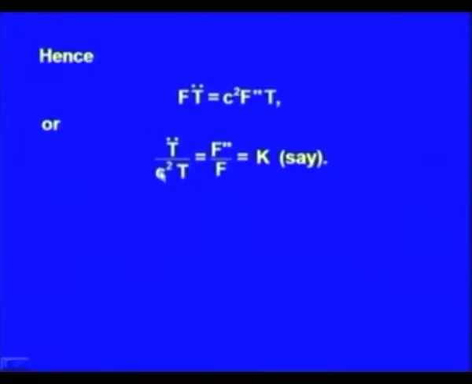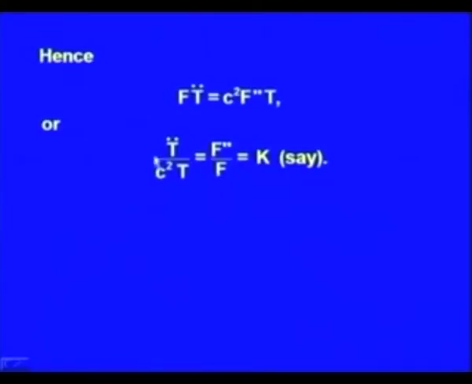Now, if you look at this equation, t double dot over c square t equal to f double dash over f, then t double dot over c square t is a function of t alone, while f double dash over f is a function of x alone, and they are equal. Such an equation is possible only when both are equal to a constant.